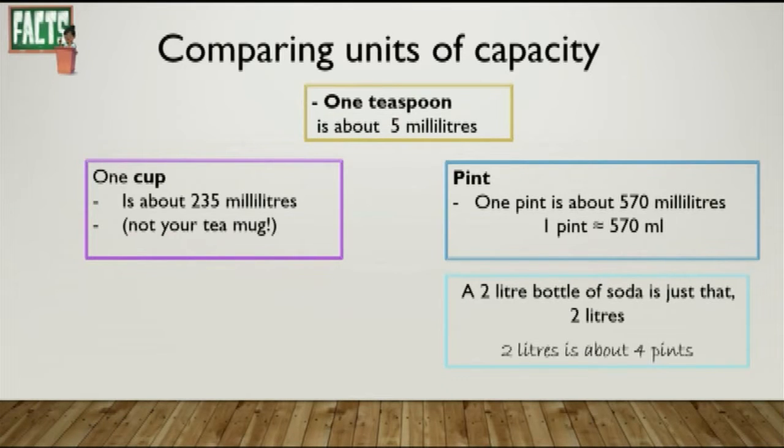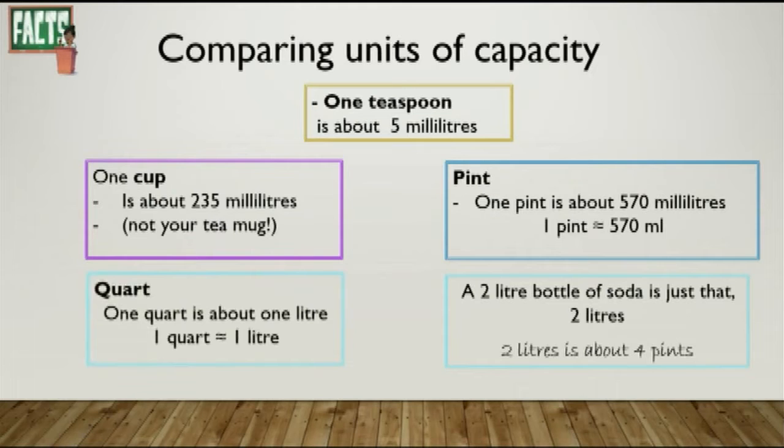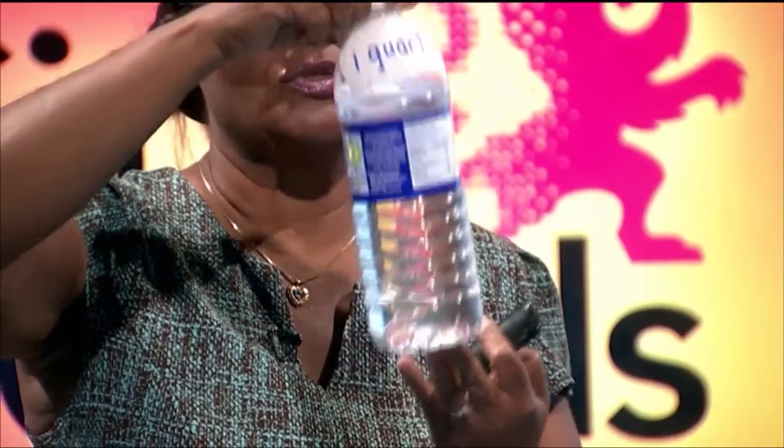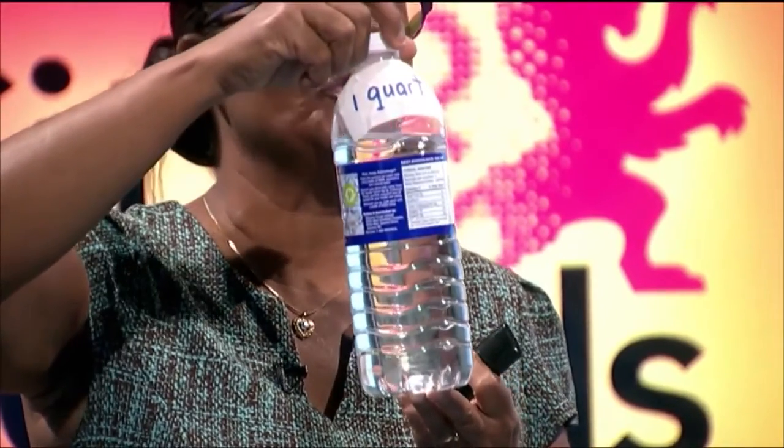So it's called a 2-liter bottle of soda because it is 2 liters. 2 liters is about 4 pints. And a quart, 1 quart is about 1 liter. So this size bottle, which is a little bit bigger than what you drink in one go, is 1 liter.